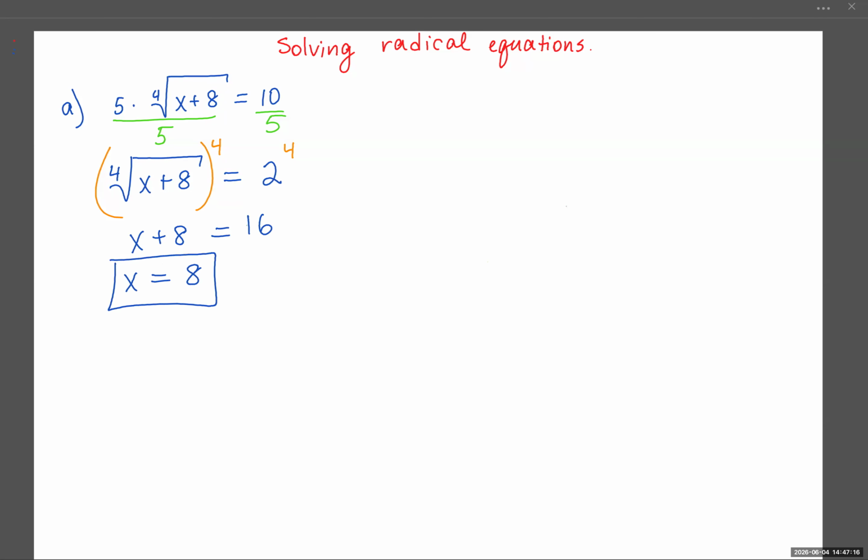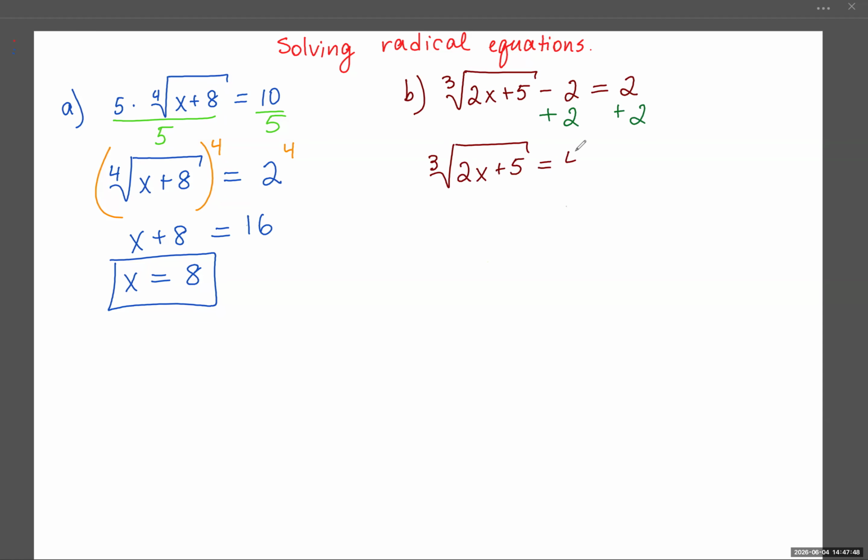Now we'll try that one more time. Cube root this time of 2x plus 5 minus 2 equals 2. Once again, we have to isolate the expression first, so we add 2 to both sides. So the cube root of 2x plus 5 equals 4.